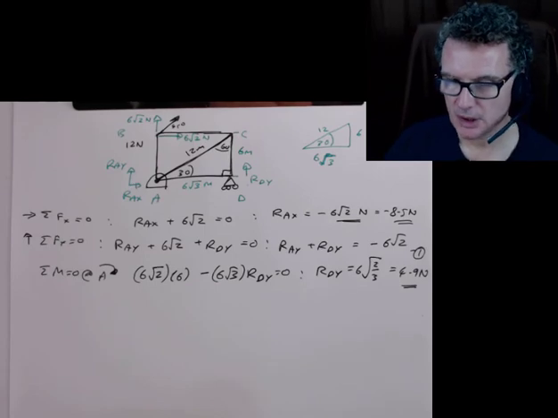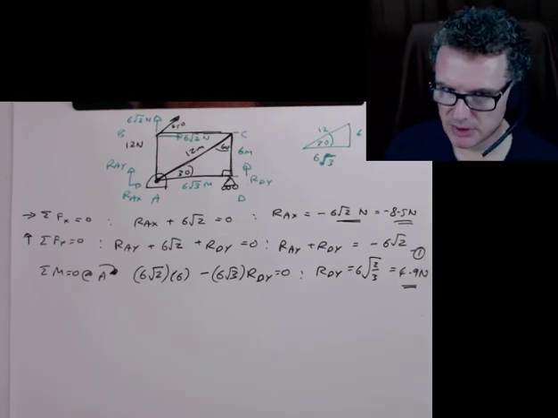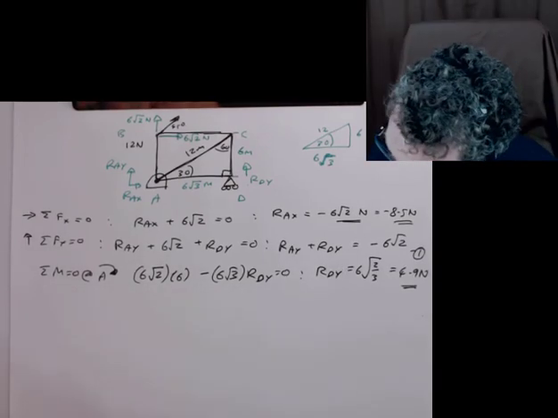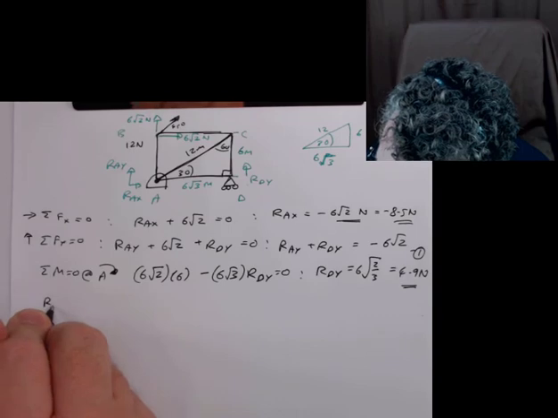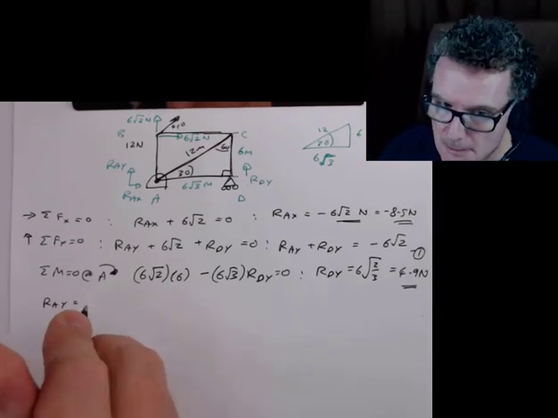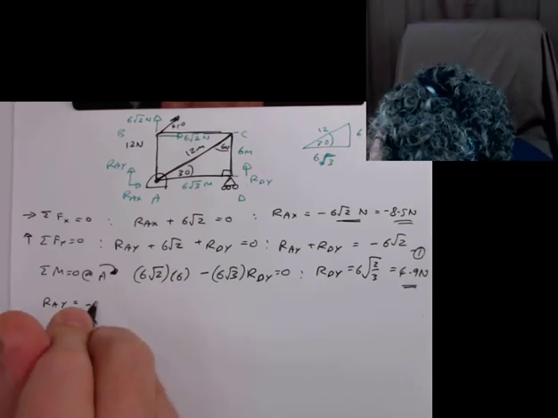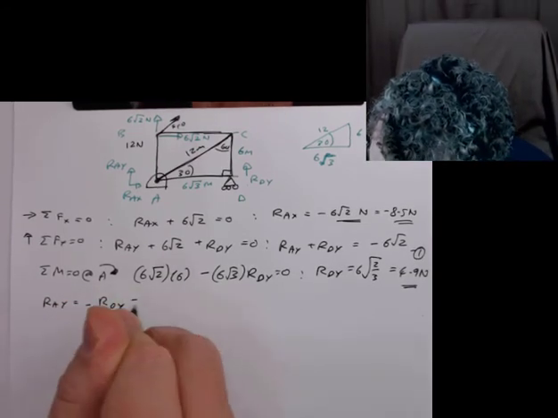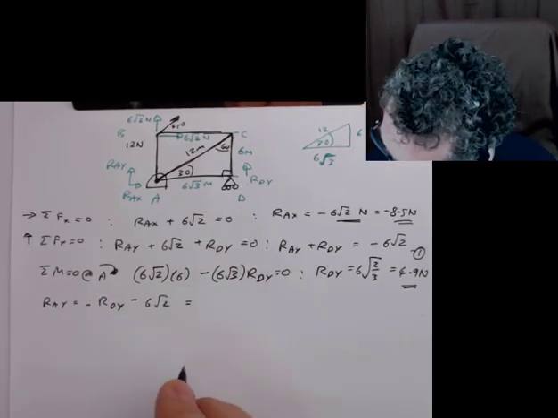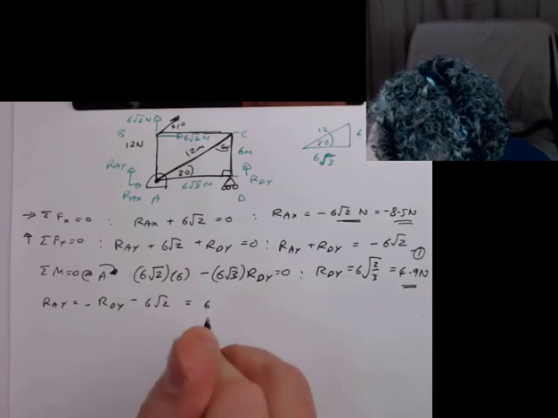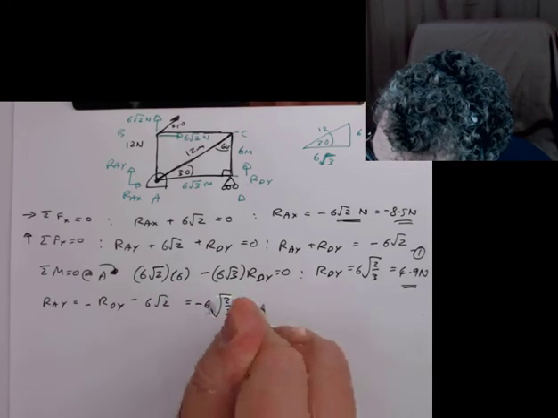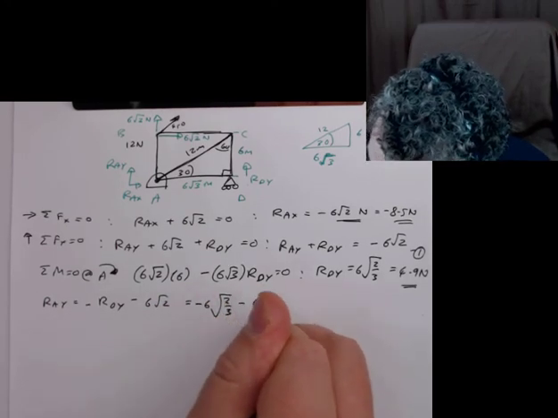If we wanted to solve the last bit in hardcore mathematics, we would go back to our equation 1 and say that RAY equals minus RDY minus 6 root 2. Go back to that number there, so we've got minus 6 root 2 over root 3, minus 6 root 2.